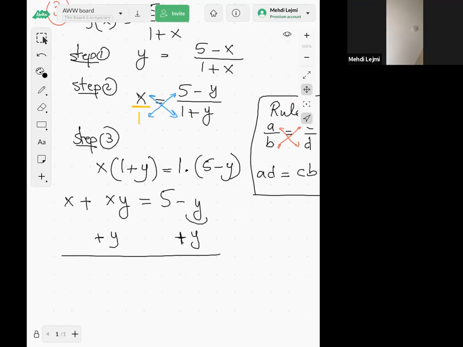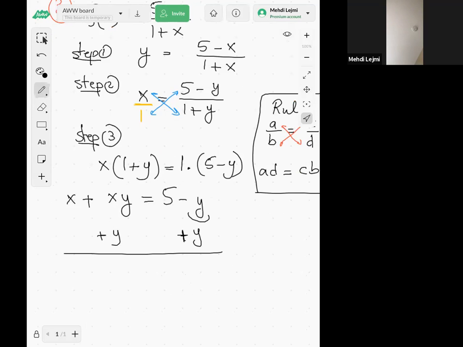So that would be x plus xy plus y, and then 5 minus y plus y, of course, is just 5. Now I have my y's on the left side, which is good. Everything else I have to move to the right side.